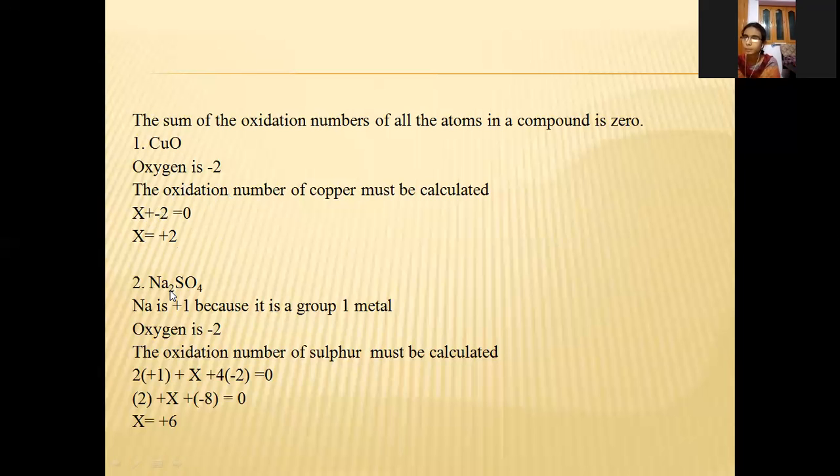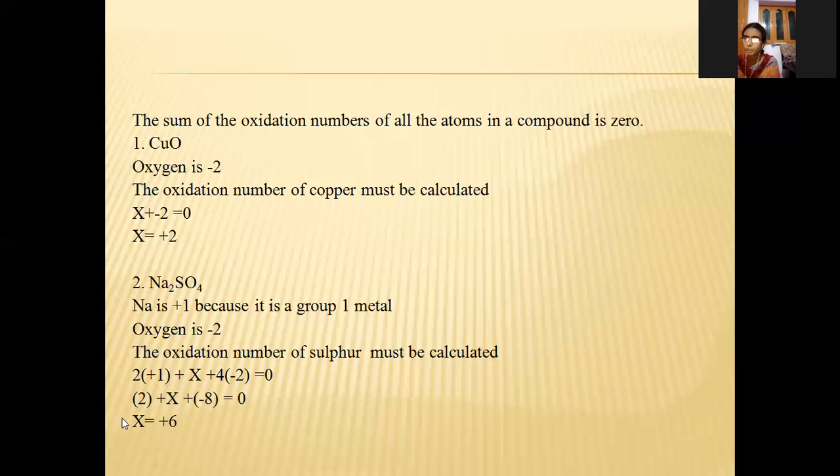The second one is sodium sulfate. Sodium comes under the first group, so it is plus 1, and the oxidation number of oxygen is minus 2. We have to calculate the oxidation number for sulfur. The sodium atoms are 2, so 2 times plus 1, plus X, plus 4 oxygen atoms with oxidation number minus 2, is equal to 0.